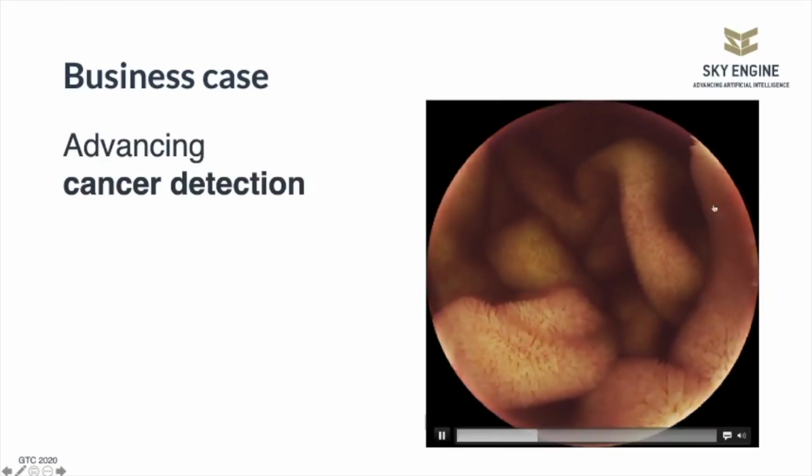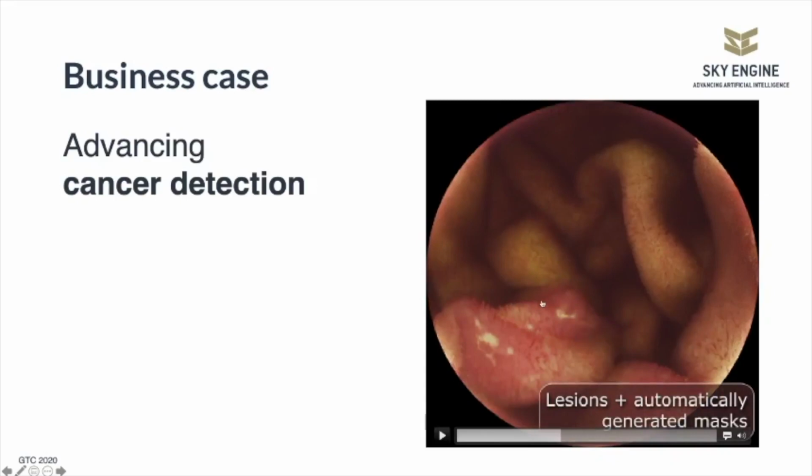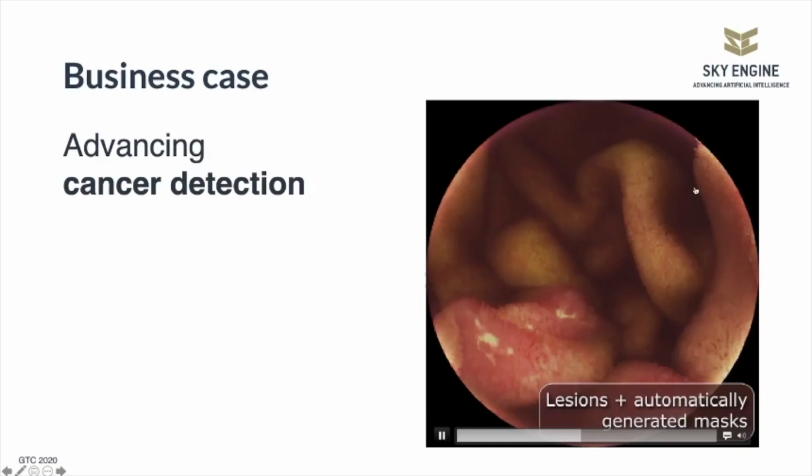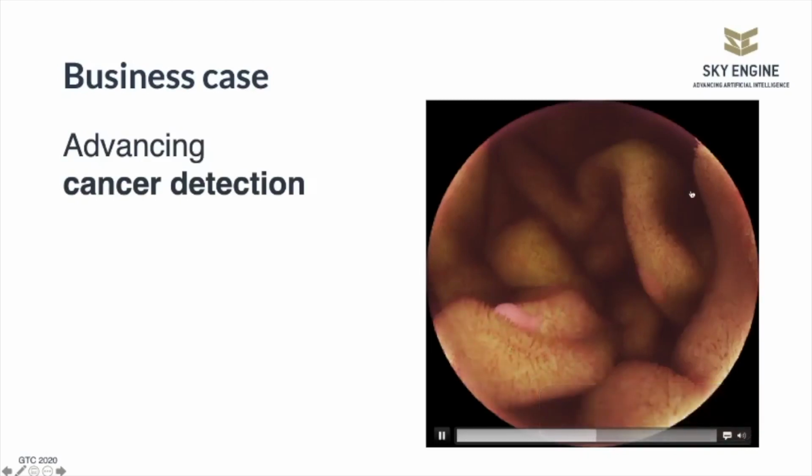Now you can see how SkyEngine is placing our created models of malignant tissue. This is the first type of lesion, and the semantic mask is generated automatically for the purpose of semantic segmentation. And here is a model of the second type of cancer. This is a kind of polyp.